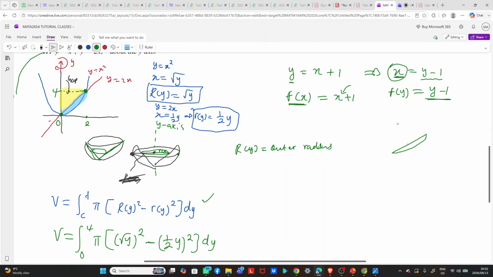Which one between this function and that one is the outermost one? This one, the curve y equals x squared. That is why we say it is going to form the outer radius.